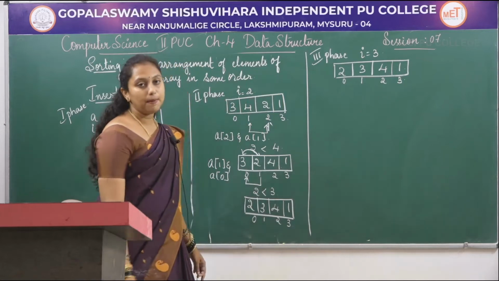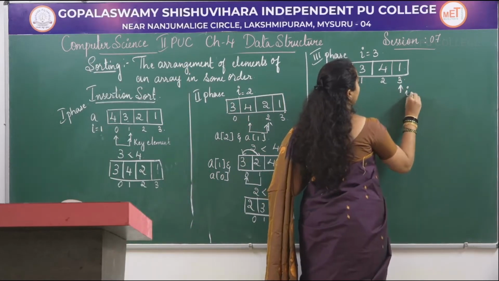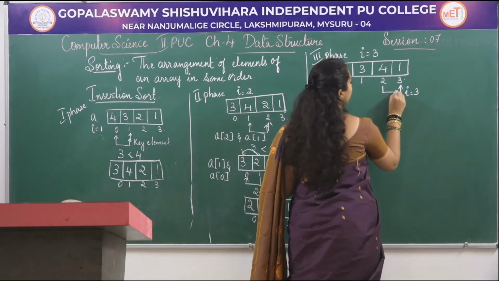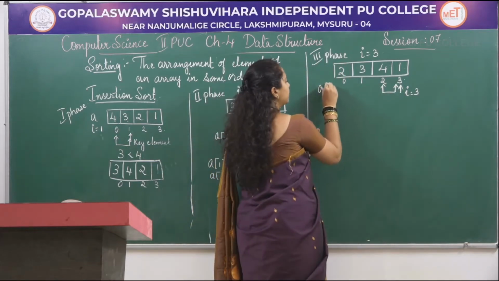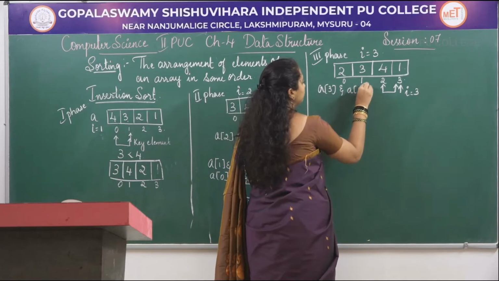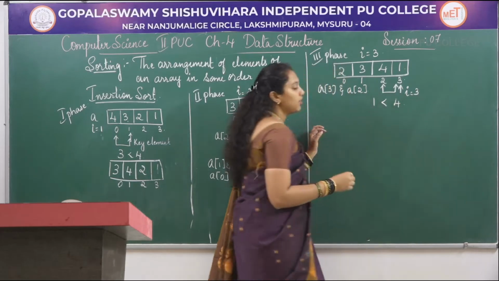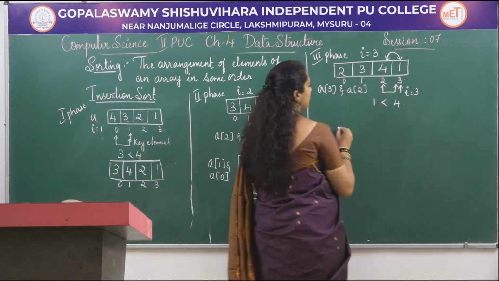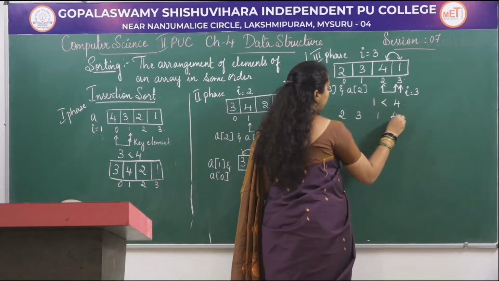Now the I value is 3, so we are comparing these two positions, that is A of 3 and A of 2. As 1 is less than 4, we are going to swap these array elements. So the output is 2, 3, 1, 4.